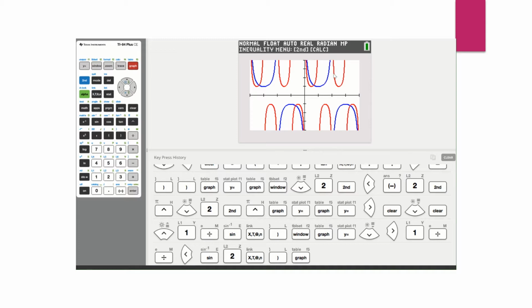Sure enough, my period has adjusted from 2 pi to pi, the effect of the sine of 2x versus just the sine of x. That's pretty cool. The sine function starts at 0, and that might be why we see some asymptotes in here.